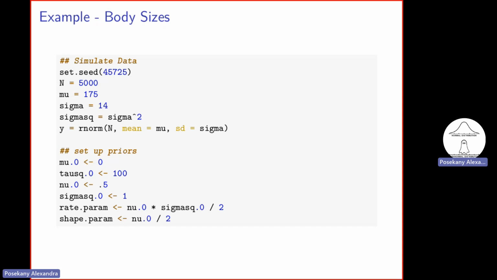So we will go back to our body sizes example. We remember we had this normal distribution scenario with the mean of 175 and the sigma of 14, and we were looking at normally distributed data simulated from this.